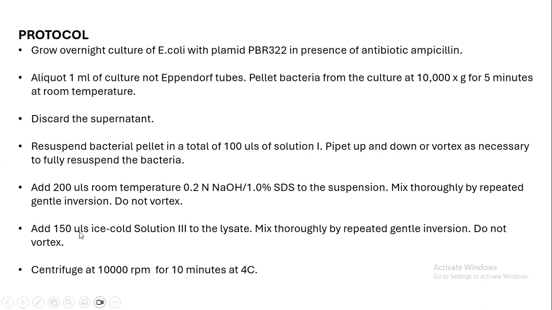Followed by this, we will add 150 microliters of solution 3, that is potassium acetate solution, to the lysate and mix by gentle inversion. So at this stage, the genomic DNA forms the larger aggregates, and the plasmid DNA is able to renature at this stage. Then we centrifuge at 10,000 RPM for 10 minutes at 4 degrees Celsius.